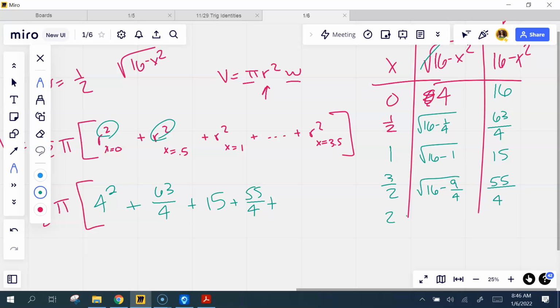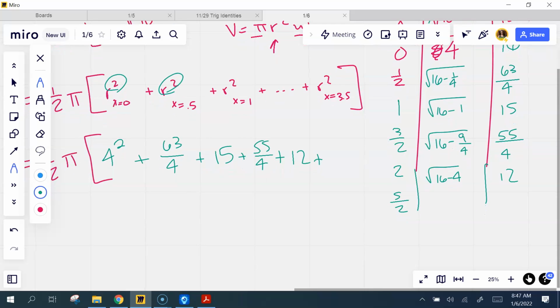And then at 2, the whole numbers are a little easier. 16 minus 4, which would be 12. Yeah, and this would go a lot faster.